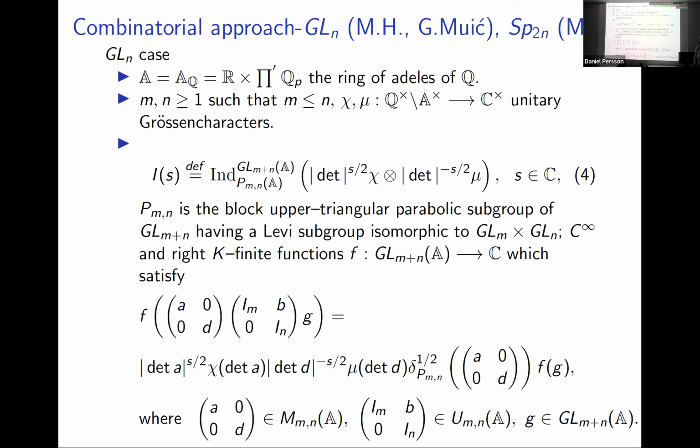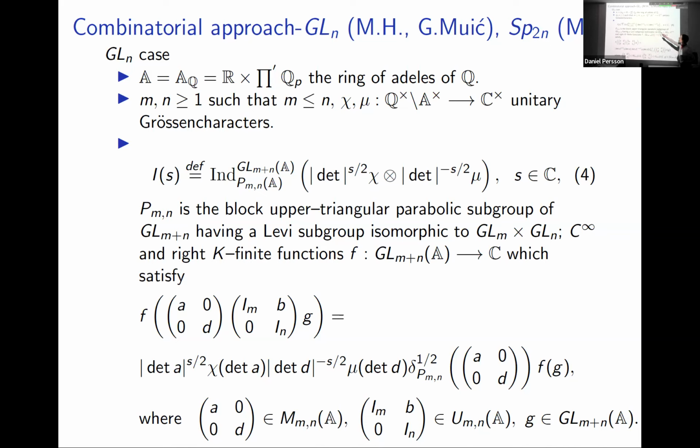Okay. So let me briefly explain the other situation, which is more standard and more combinatorial, but some interesting things also appear. This is partly joint work with Goran. So again, I'm looking at the degenerate principal series, but for GL_N.